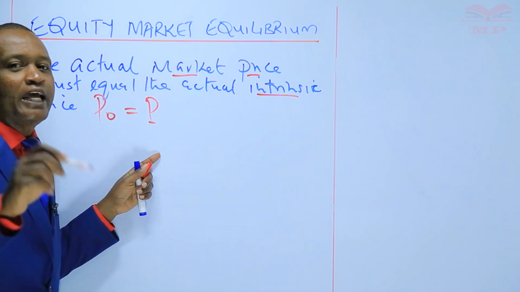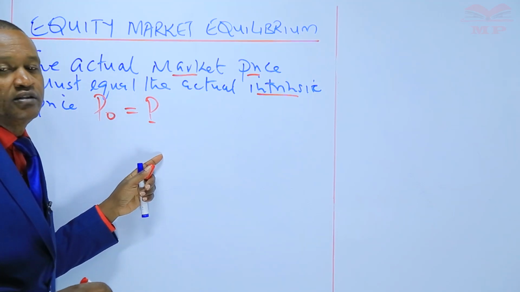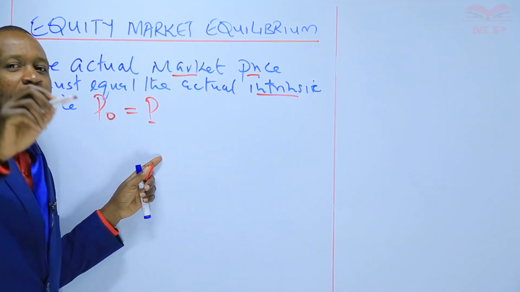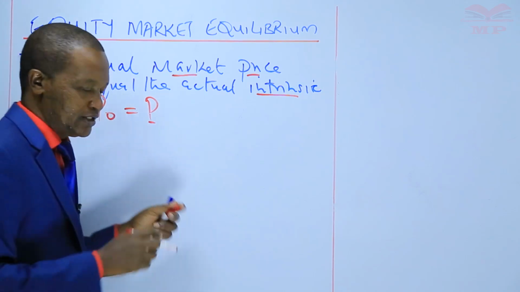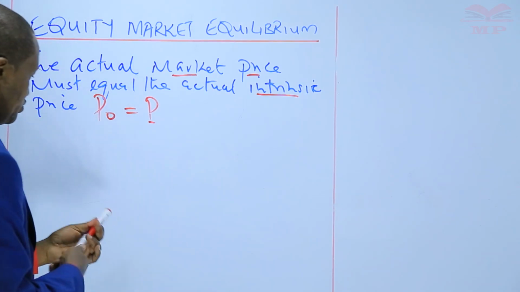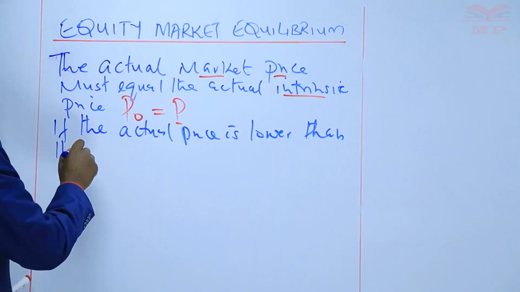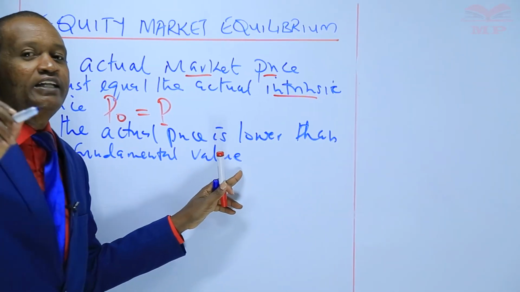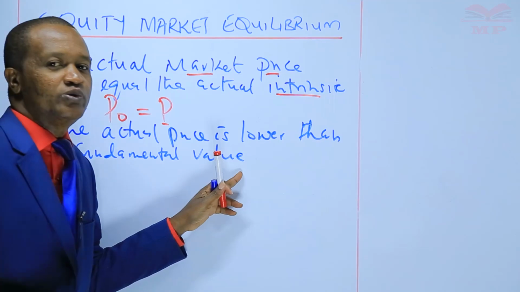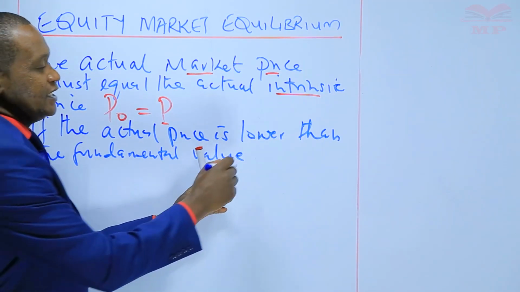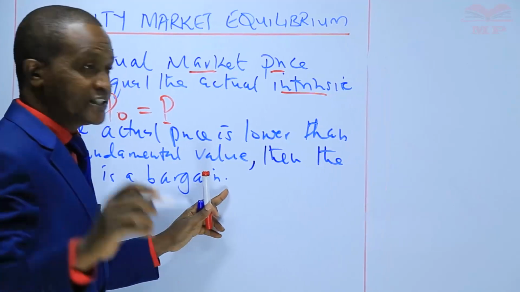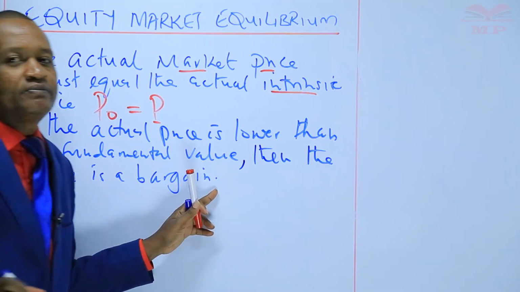If the actual price is lower than the fundamental value or the intrinsic value, then the stock is a bargain.